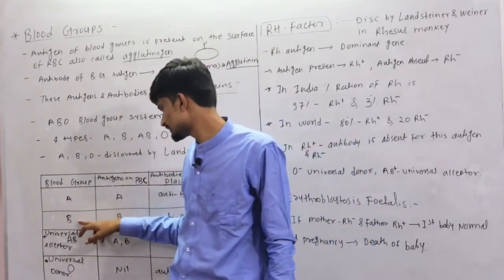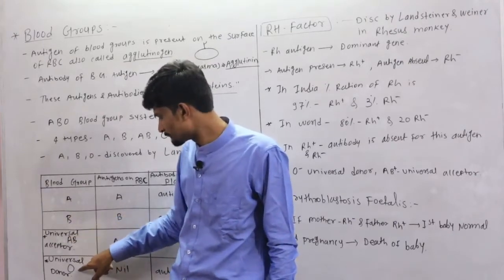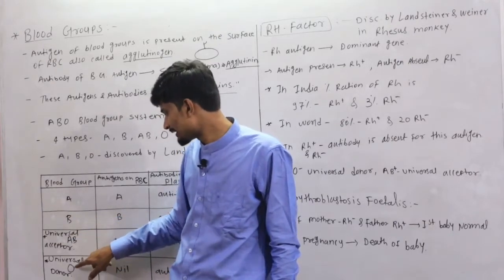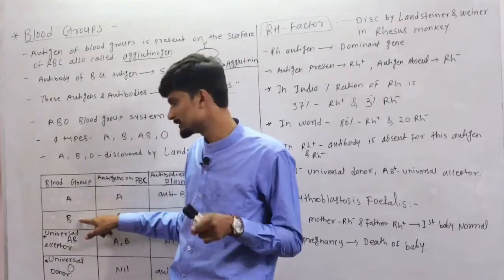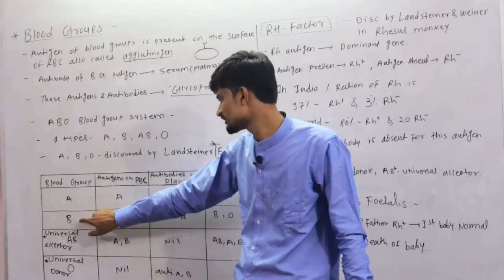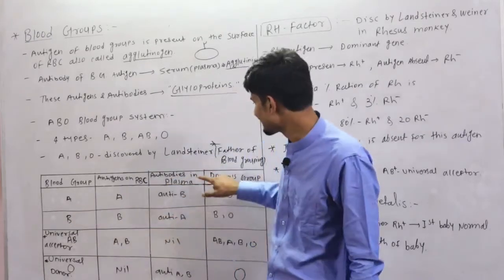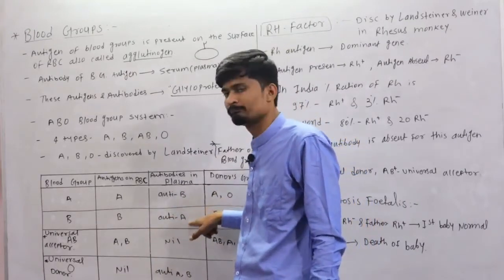But suppose we are considering B. The person B requires blood and the person who has blood group O is donating blood to B. What will happen? In the plasma of this person, who has blood group B, there is an antibody, that is anti-A.